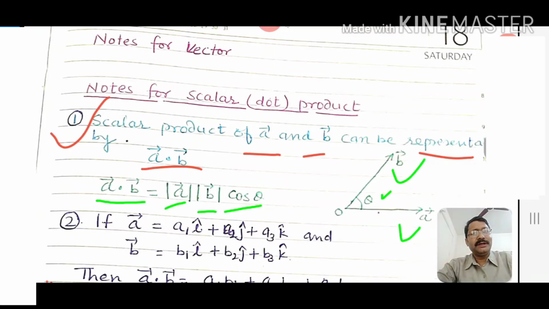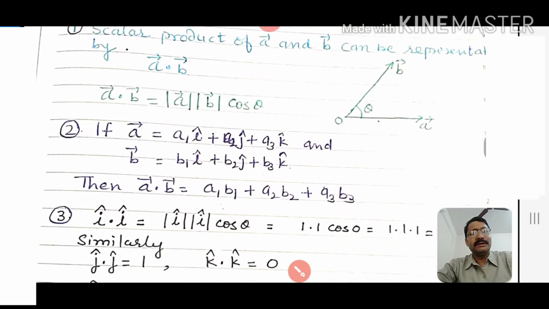But sometimes what happens, you are not given the angle between them. In place of that, the A vector and B vector are both given to you. Then how can we find A vector dot B vector? You can understand. That time you multiply the i coefficients, the j coefficients, and the k coefficients, and you add.